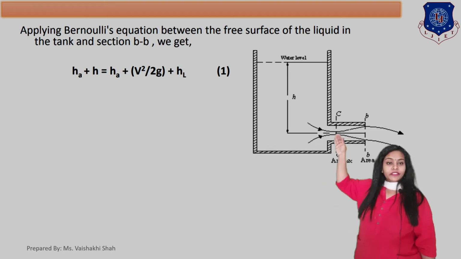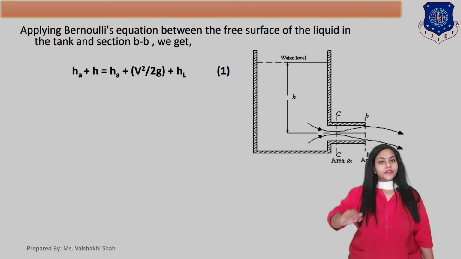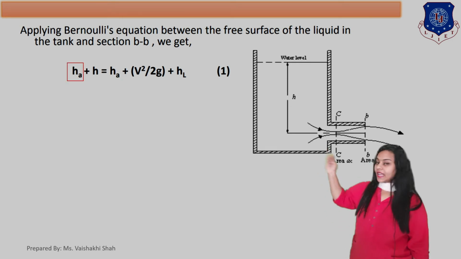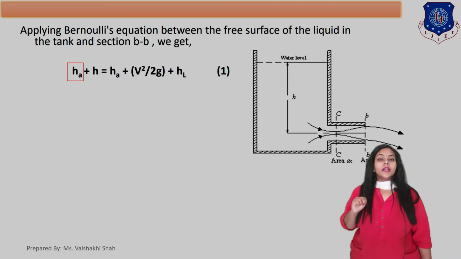Now, on the free surface, the atmospheric pressure is acting. So on the free surface of the liquid, P1 by rho g is replaced by HA, the atmospheric pressure head.